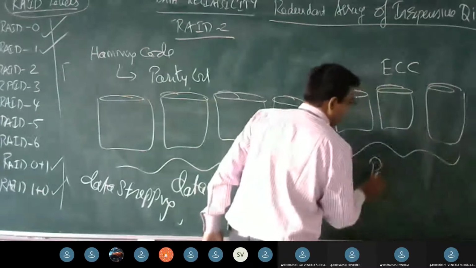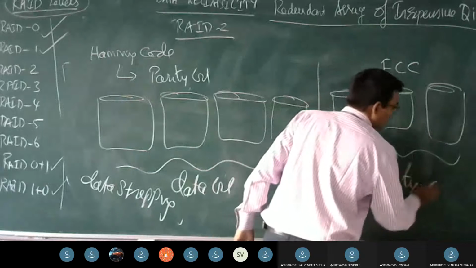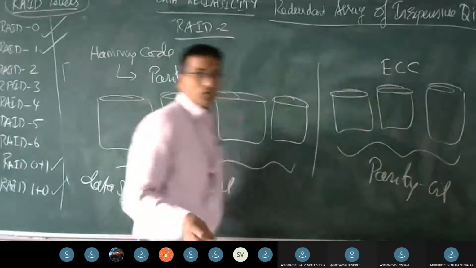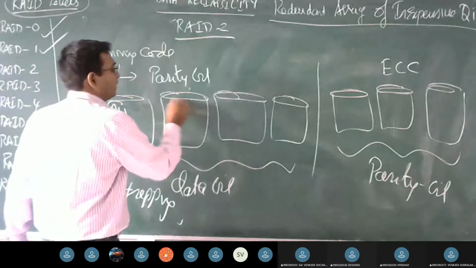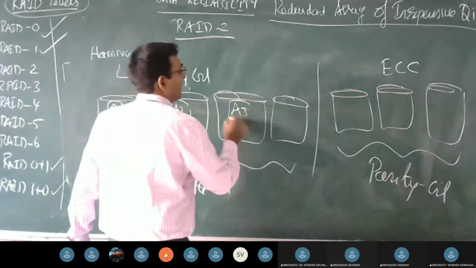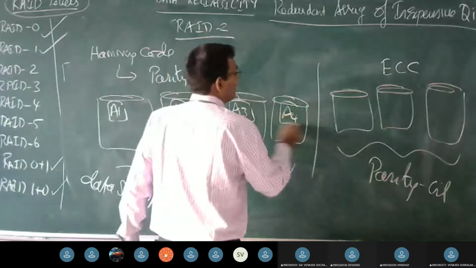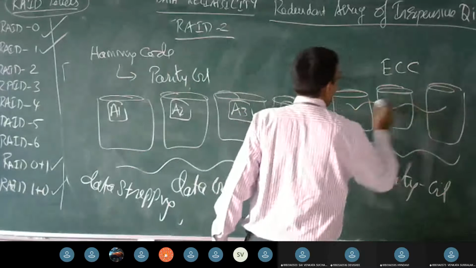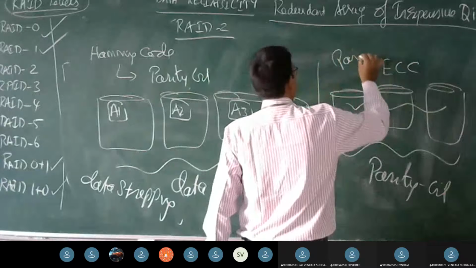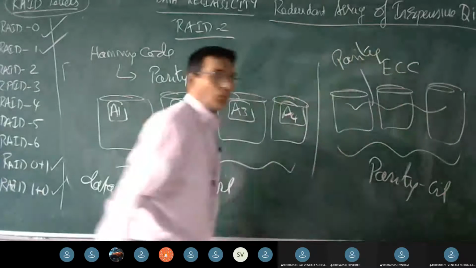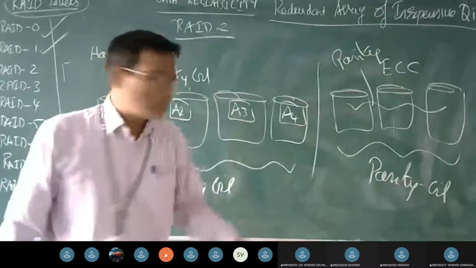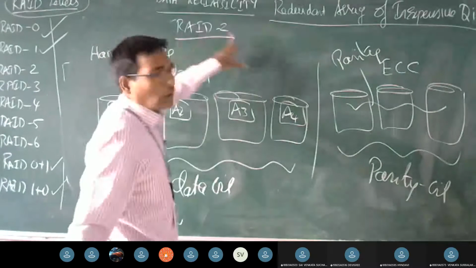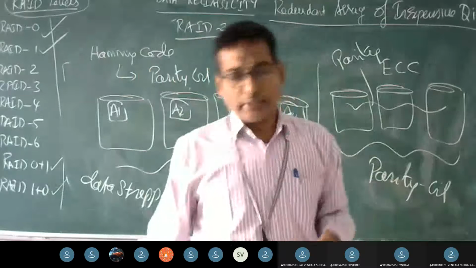So here the parity bit is associated. I have some A1, A2, A3 and A4 bits here, then I have parity bits. That is what we call RAID 2 content.